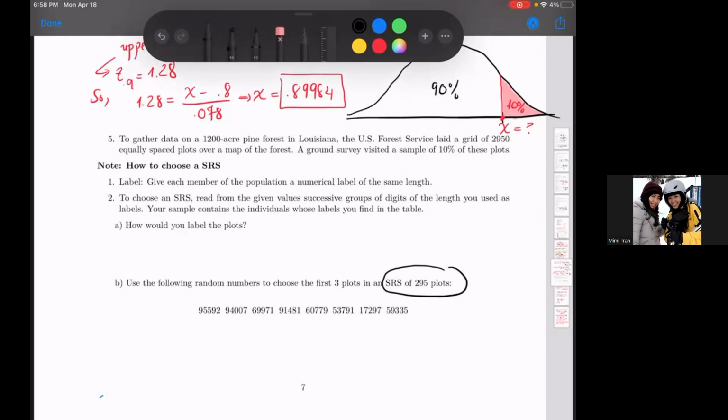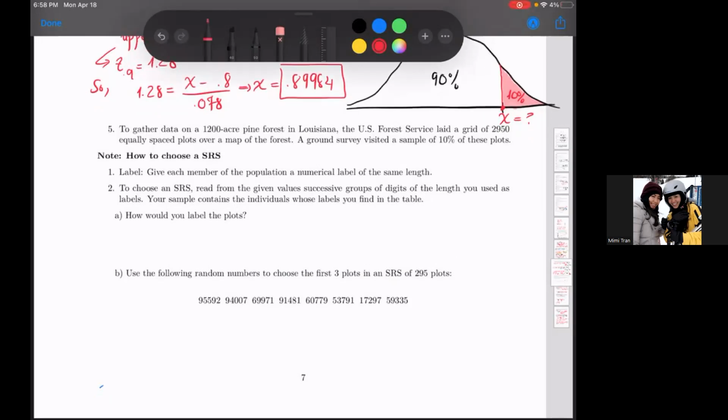So from 2,950, the simple random sample is 10%. 10% of 2,950 is 295, right? And from the 295, they want you to pick out three plots. The length is 4 digits, so I'm going to cut these numbers into 4 digits. 9995, so cut it out like that.